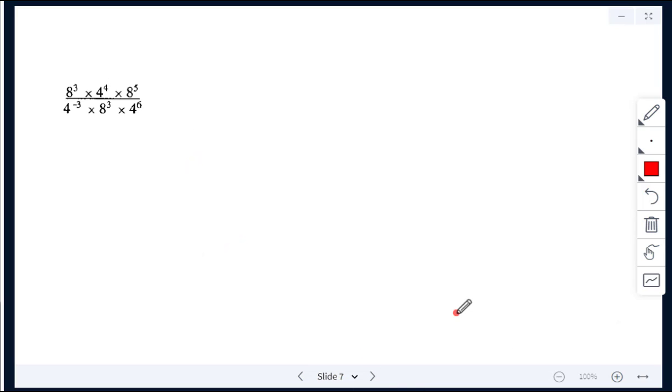All right, here is one we can look at, and I'll show you both methods. I'll show you the method where you can write the reciprocal of the divisor and then multiply. So let's do that method first. So the numerator is 8 to the power of 3 times 4 to the power of 4 times 8 to the power of 5. So we'll just leave that.